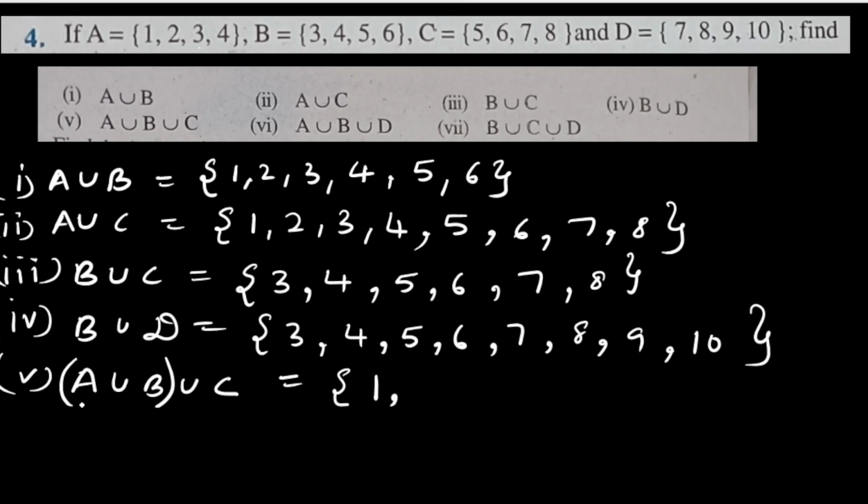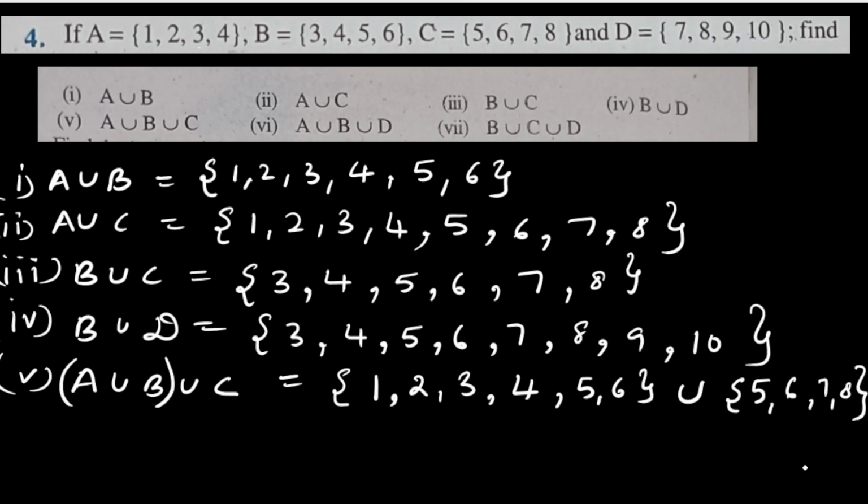So in A union B, A's elements I am writing 1, 2, 3, 4, because I am writing A union B. B's elements 3, 4 we have already written, remaining 5, 6. Its union we have to do with C. So what are C's elements? 5, 6, 7, 8.